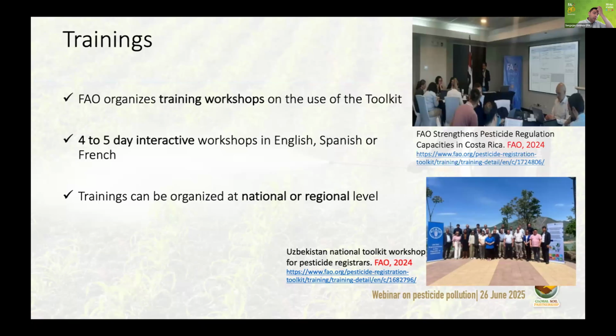Usually they are 4 to 5 day interactive workshops that have already been held in multiple countries. Here I just took some pictures of trainings from Costa Rica and from Uzbekistan. And all those trainings can be organized at national or regional level.